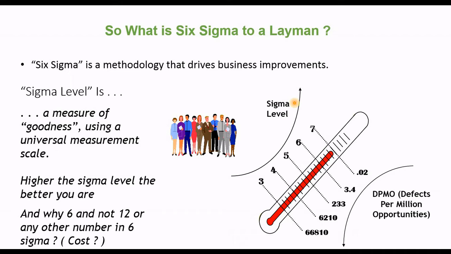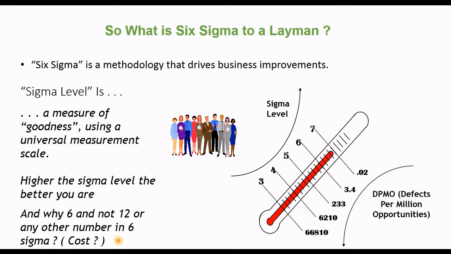So we trade off and balance between the sigma level that we achieve and the cost that we spend on it. It has been seen that the 6 sigma level is the most optimum level, where the cost that goes into achieving it is justified.